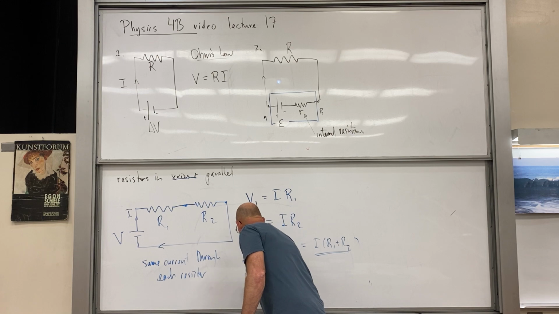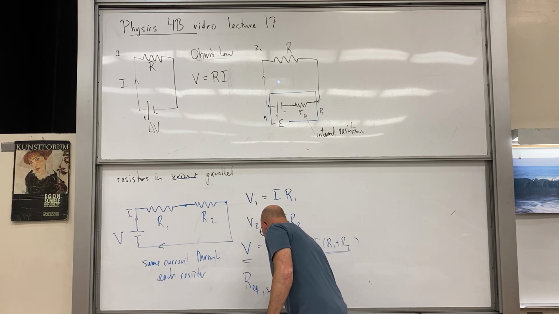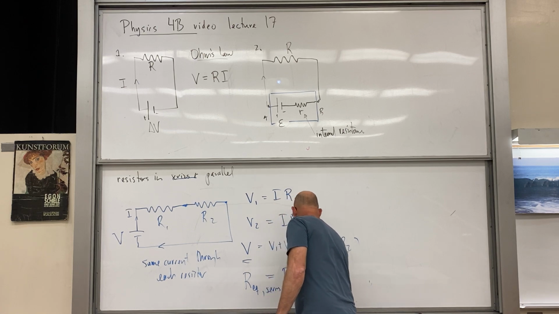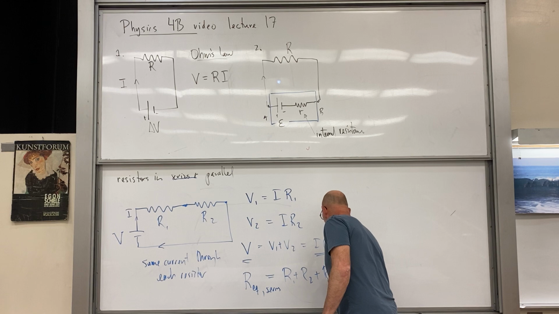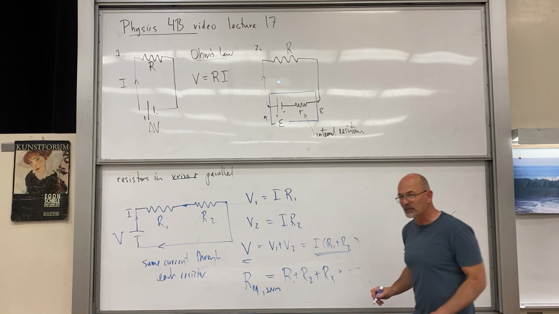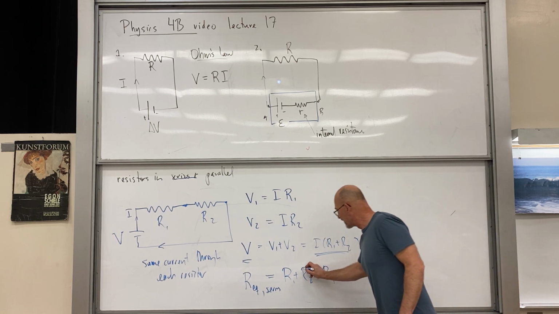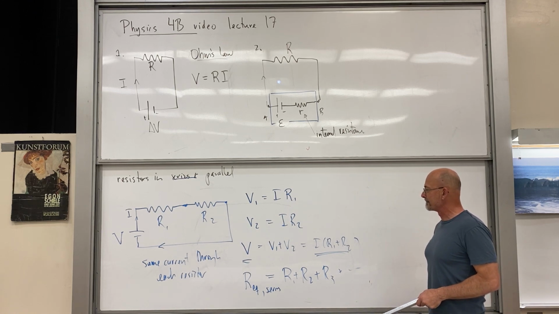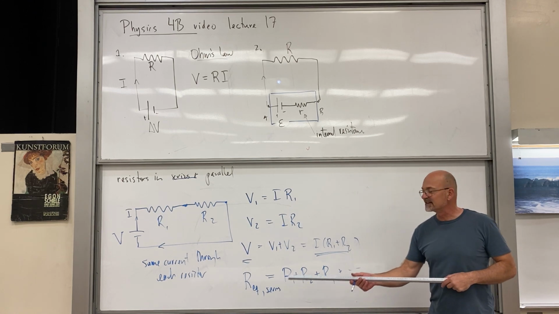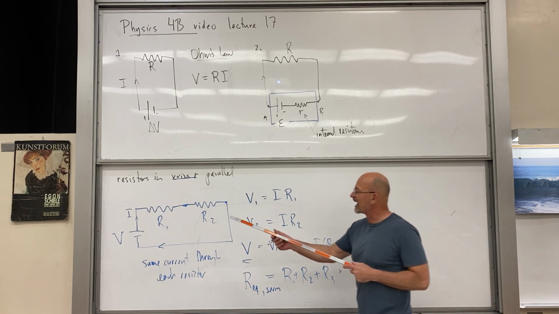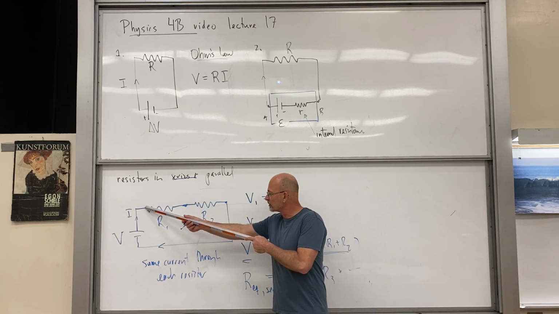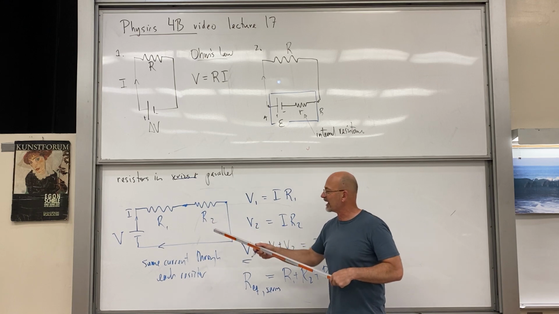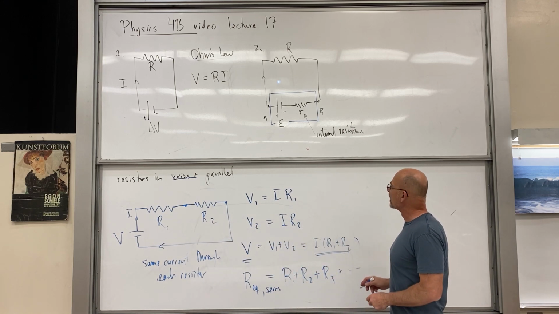So R equivalent, for series, is just R1 plus R2 plus R3 plus and so on, as many as you have. They just add linearly. And that is consistent with the idea that if we had a length of wire, the resistance was proportional to the linear length. Okay. So that's no surprise.